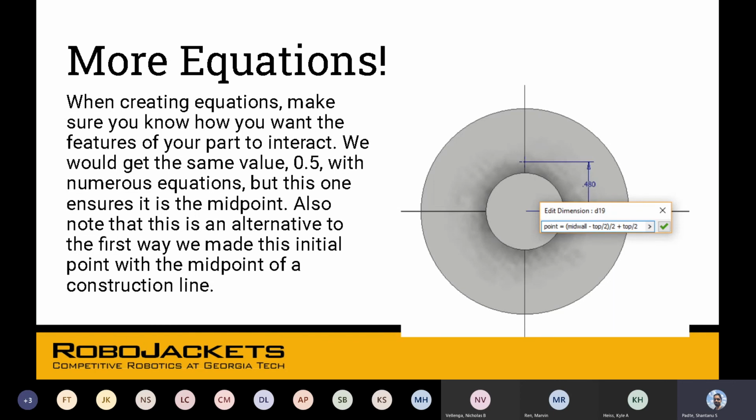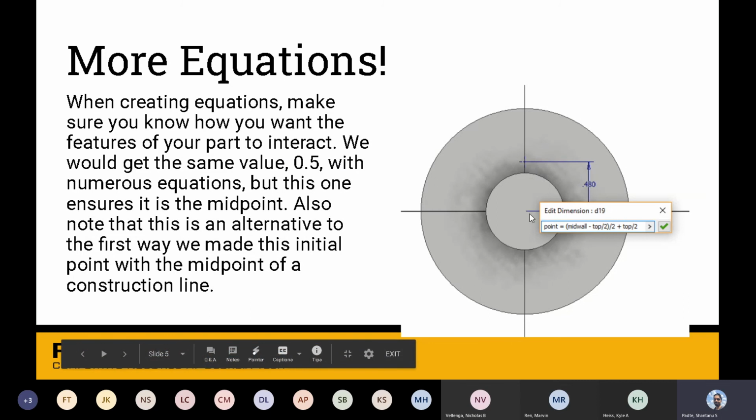Of course, when creating sketches and other kinds of features, it's important to know where you want your parts to reference from, and what kind of references you want. So if you want, say, the value 0.5, you could have numerous midpoints. But in this case, what you care about is the midpoint.